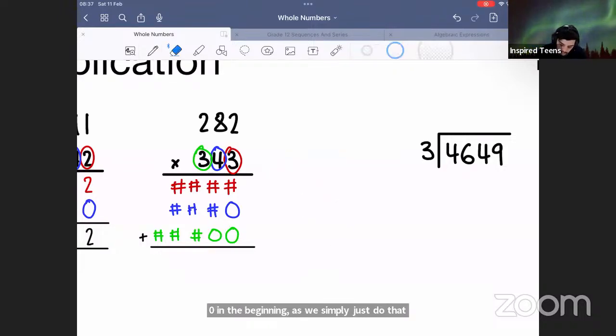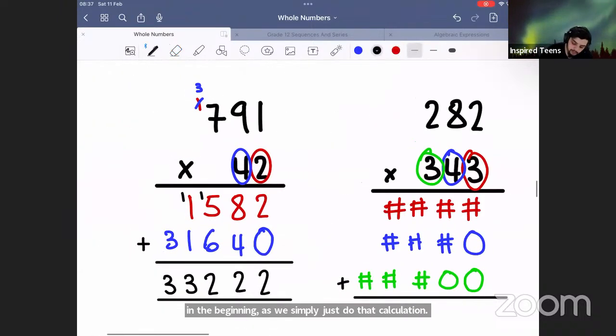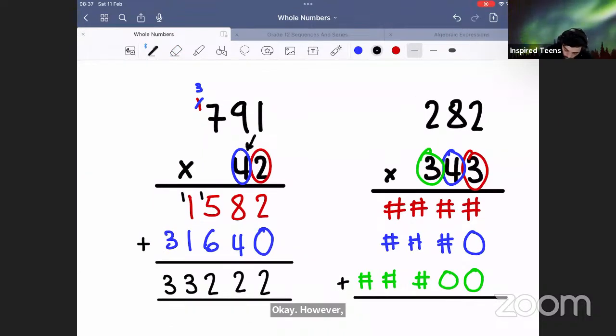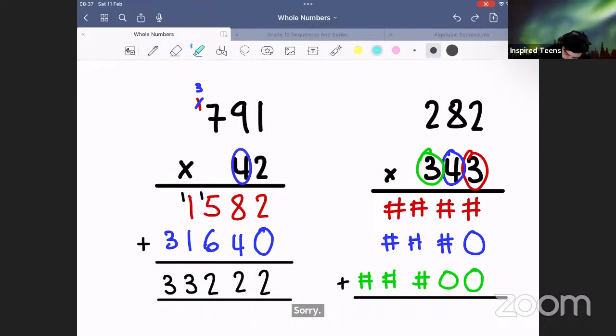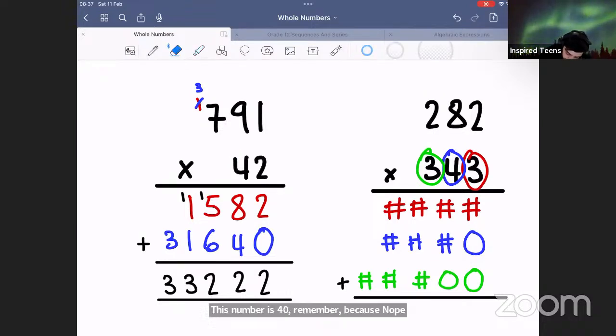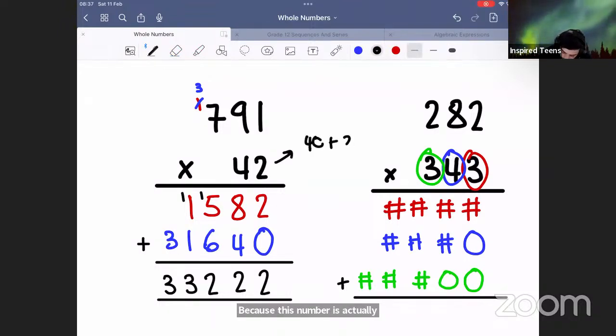Okay, however, now because we have two digits, remember, I am saying 1 times 4. I am saying 9 times 4. I am saying 7 times 4. But in actuality, this number is 40, because this number is actually 40 plus 2.